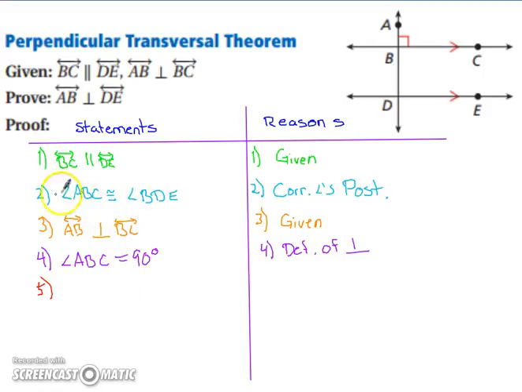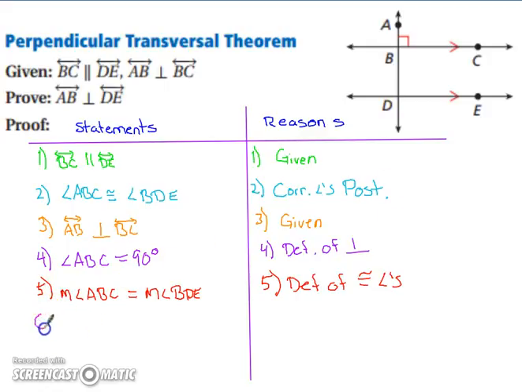So we can take this congruence piece and change it into an equal by saying that the measure of angle ABC must be equal to the measure of angle BDE, and that would be the definition of congruent angles. If they are congruent, then their measures are in fact equal to each other.